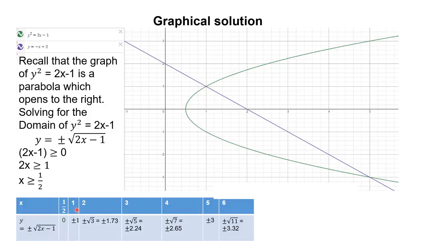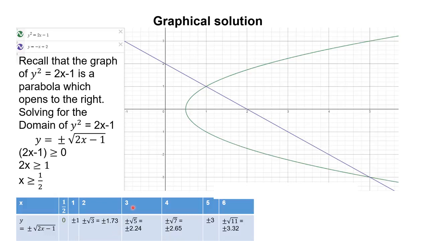When x is equal to 1, we have 2 times 1 minus 1, that's square root of 2 minus 1. That will give us square root of 1. So plus or minus 1. When x is equal to 2, we have plus or minus square root of 3, which is plus or minus 1.73.